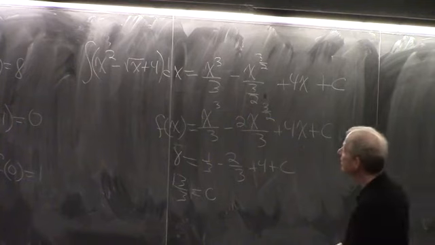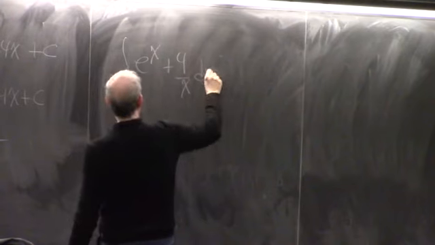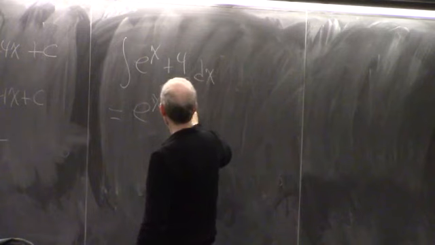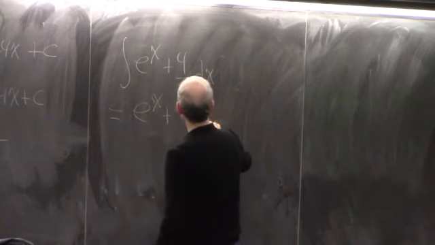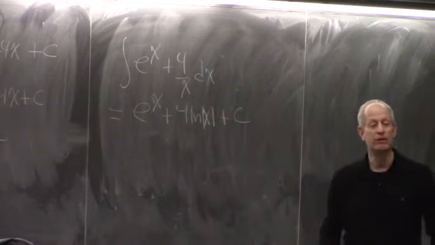How about the second one? So we're going to integrate e to the x plus 4 over x dx. The integral of that is e to the x plus 4 ln of the absolute value of x plus c. And we know that f of 1 is 0.